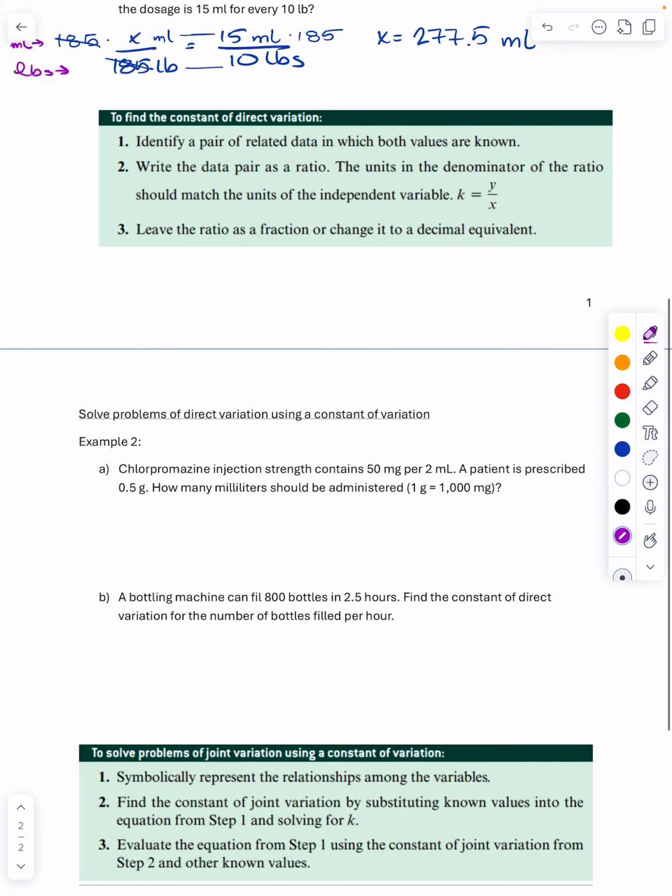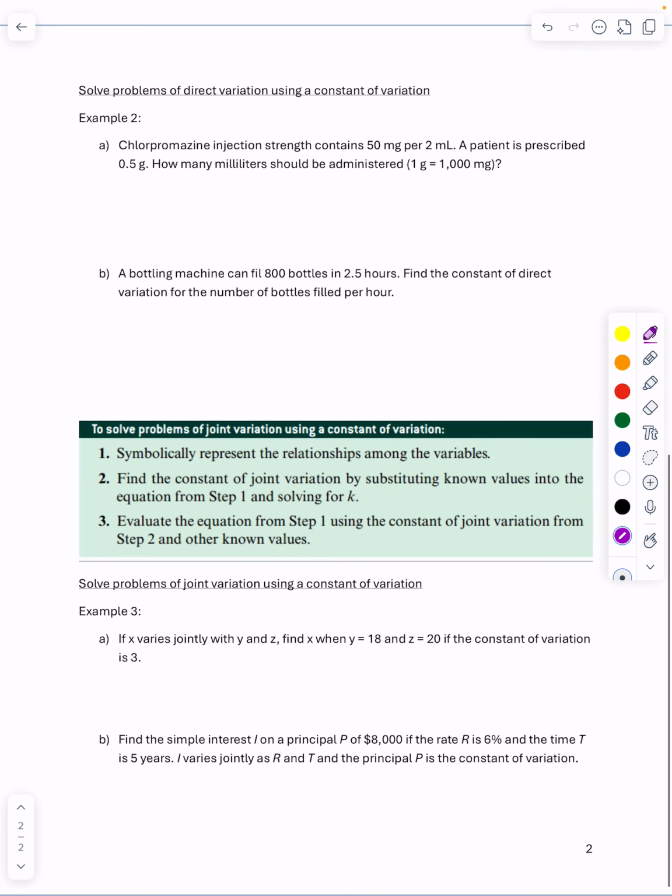Okay. Sometimes we're going to be asked to find the constant of direct variation. That just means it's kind of like a unit ratio, something per 1. Okay. So we have chlorpromazine injection strength contains 50 milligrams per 2 milliliters.